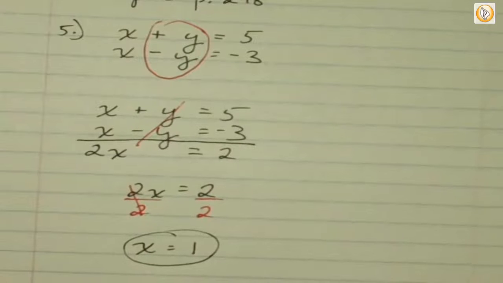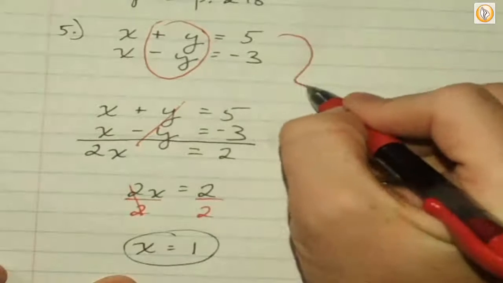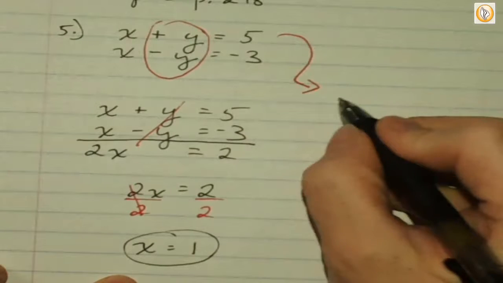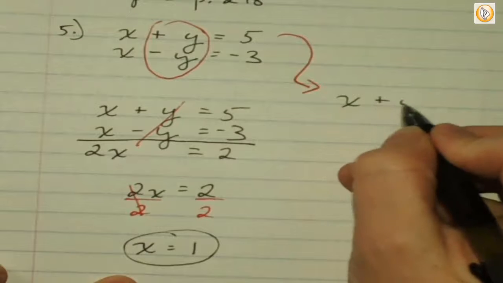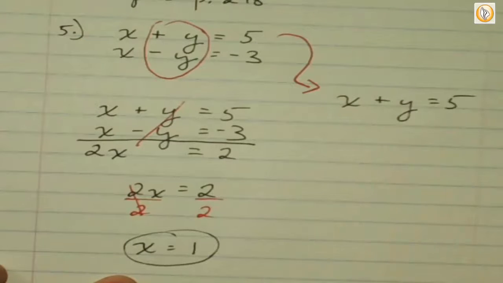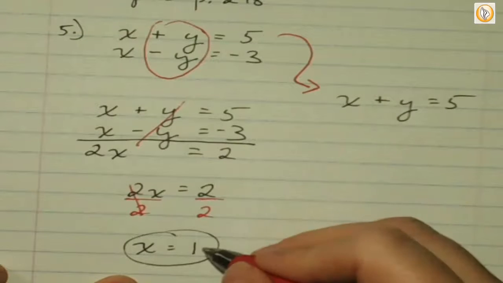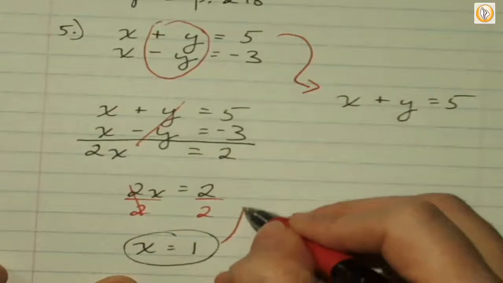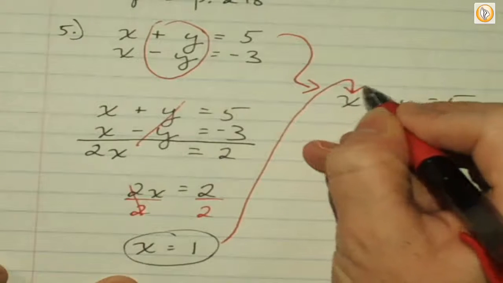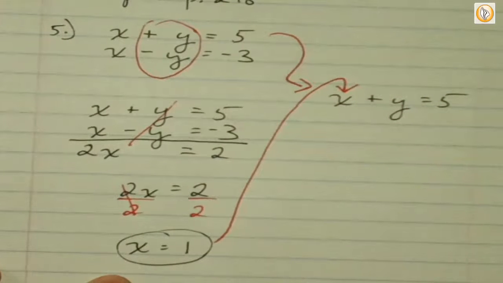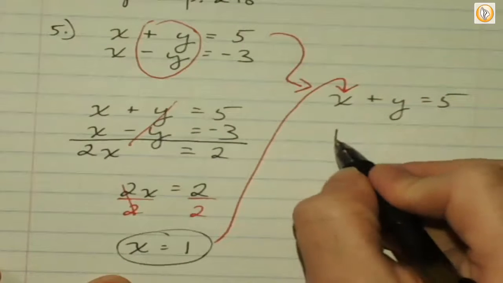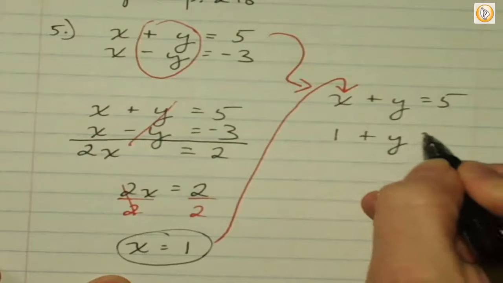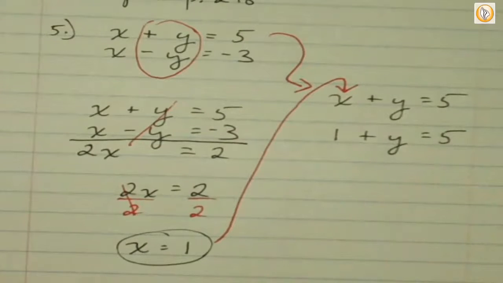Now, Taylor, we've got to substitute it into one of the equations. Which one do you think we should use? Top one. Let's go with the top one. I'm going to write it right here. x plus y equals 5. And we're going to substitute that 1 into this x, so that I have 1 plus y equals 5.